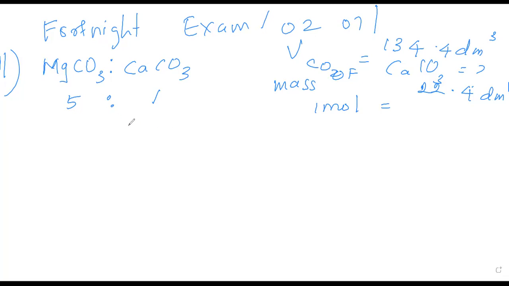So if you assume magnesium carbonate is 5 and calcium carbonate is 1, then when you assume the mole of calcium carbonate as X, what should the magnesium carbonate be? That is 5X.